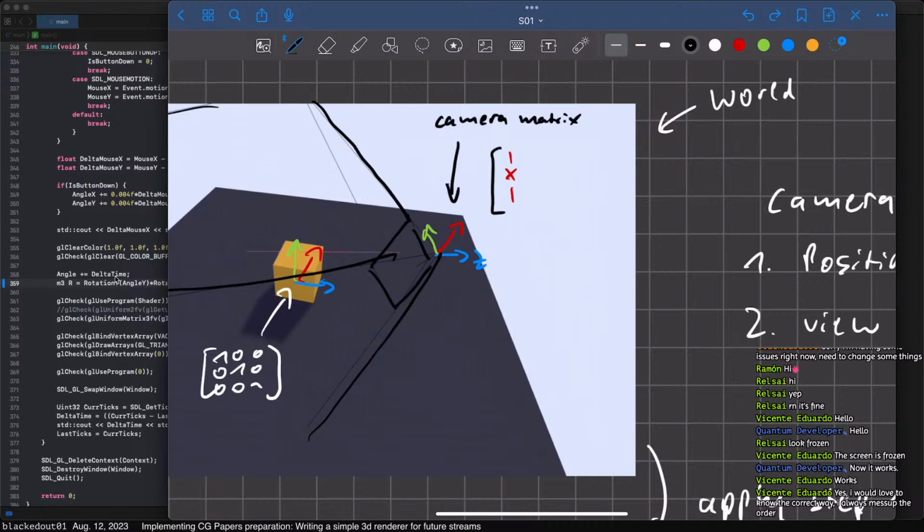If it's a 3 by 3 matrix, the columns represent the axes of this coordinate system. So for example, the first column is the x-axis, the second column is the y-axis, and the last column is the z-axis.